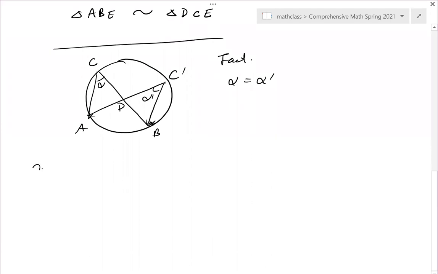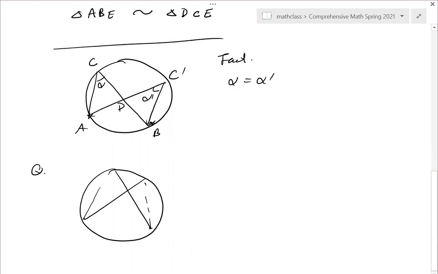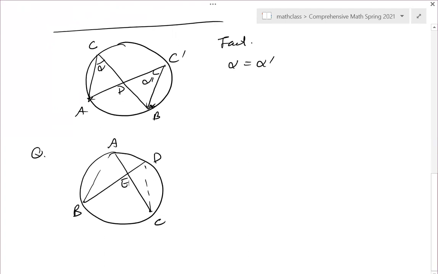So here's a question. I randomly draw the two lines, then I connect this. So this is A, B, C, D, E. I want to prove that the triangle on the left is similar to the triangle on the right. How to do that?